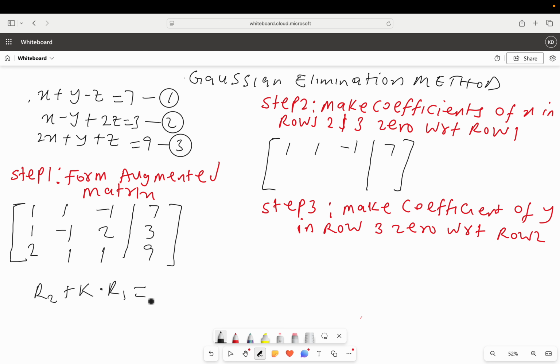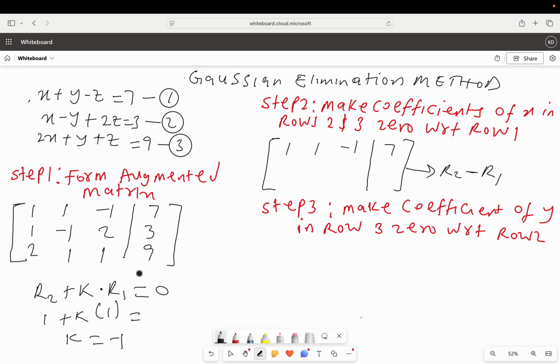So I'll write 0. My R2 is just 1, so I have 1 plus K, and my R1 is 1. So K will be equal to minus 1. So for R2, the formula is R2 minus R1 because my K is minus 1.